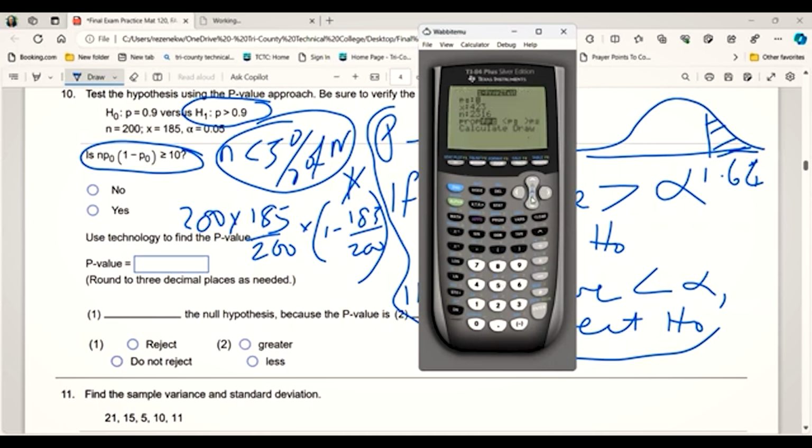P is not given, so let's find P quickly. I have 0.9, which is the status quo, and x is that, n is that, and I'm doing a right tail test.